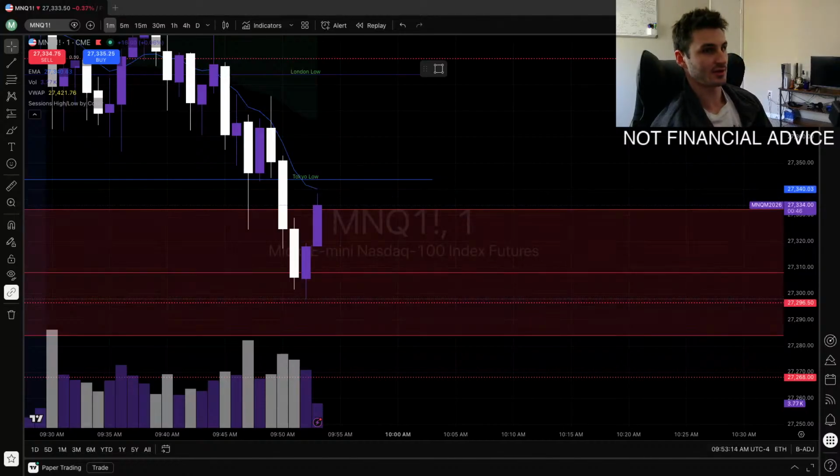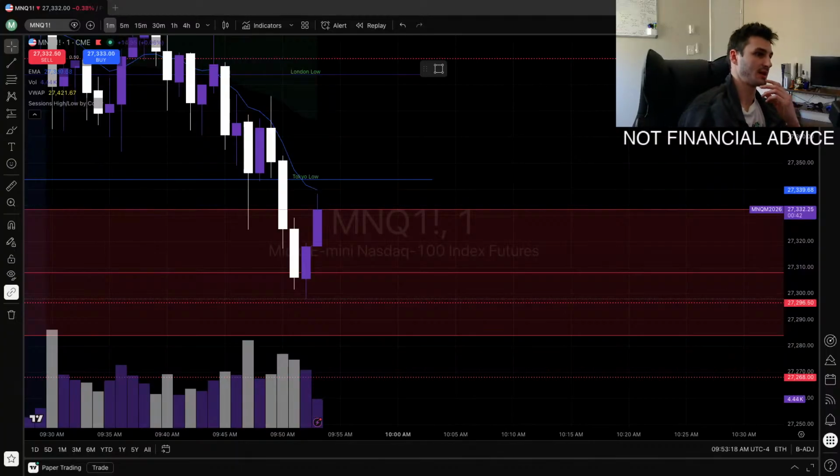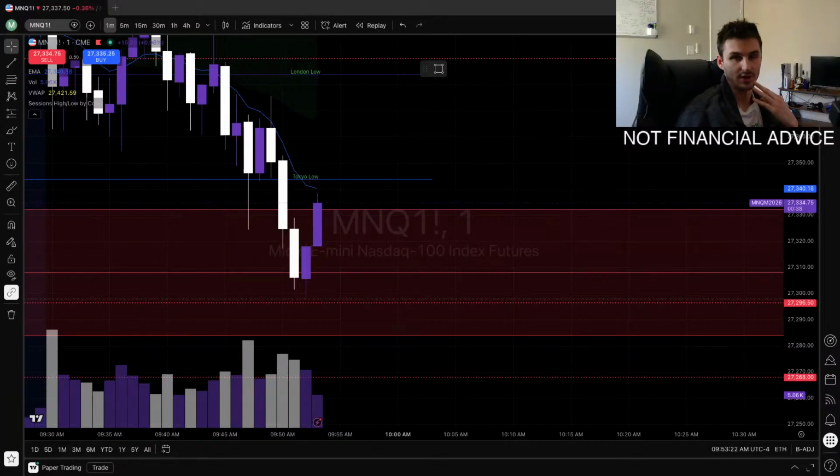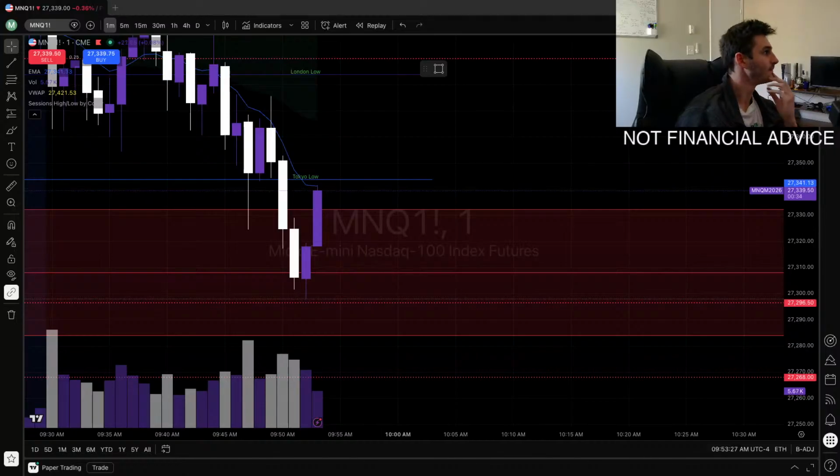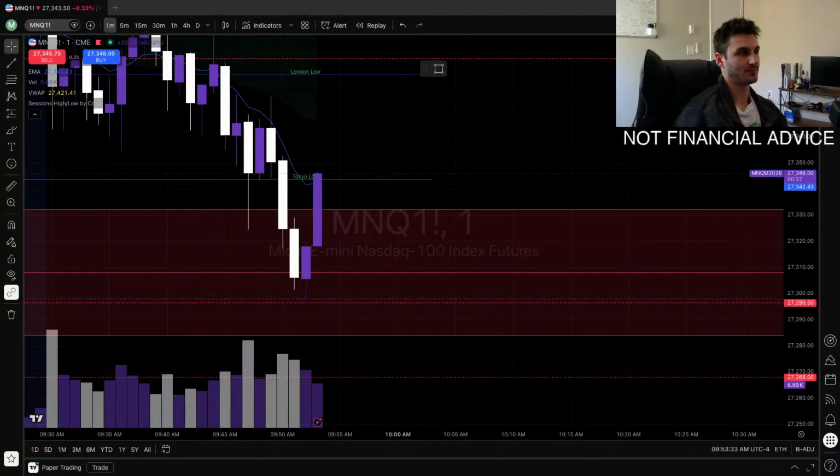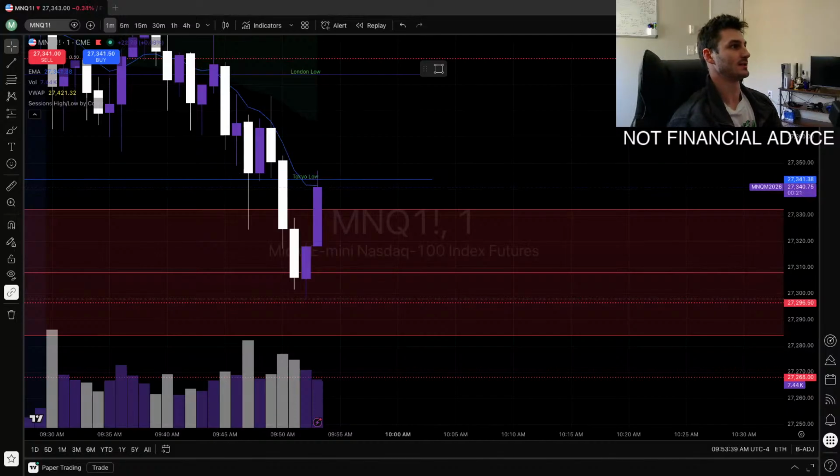It's not the greatest zone in the world, but we're gonna see how we react after this. It's 9:53, so we have 7 minutes until 10 a.m. And usually 9:30, 10 a.m., 10:30, and 11 is usually some form of reversal. It's just how the algos work.